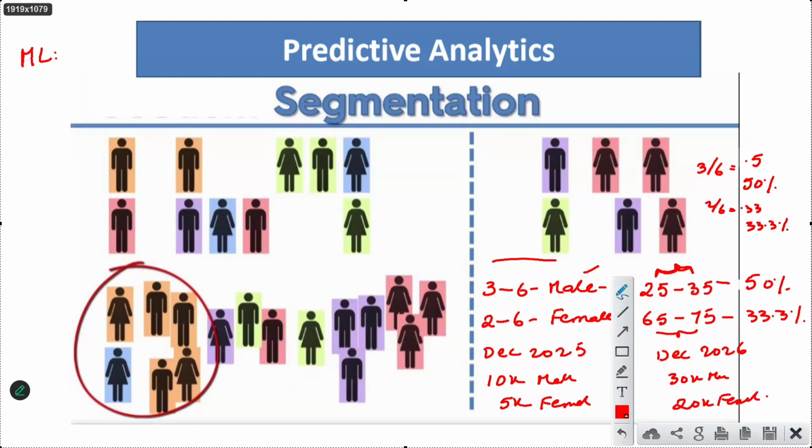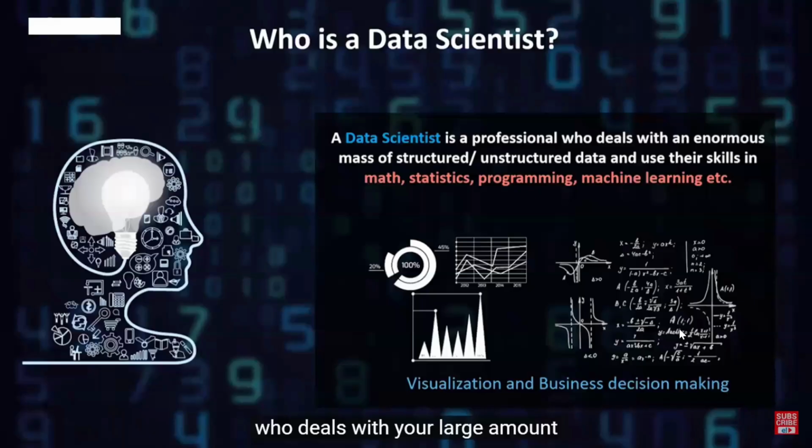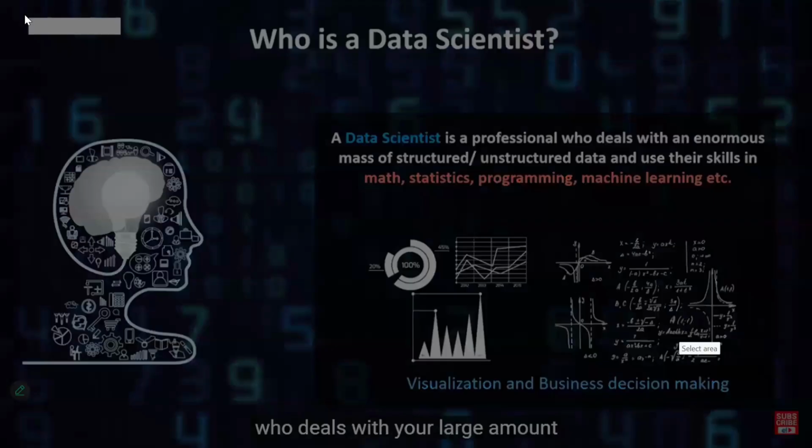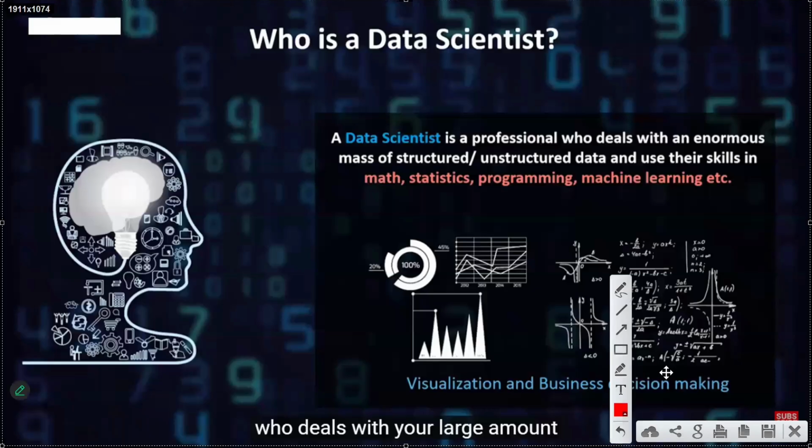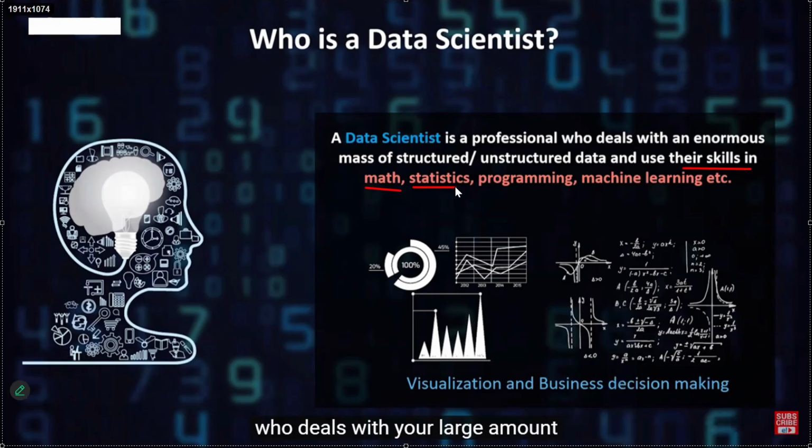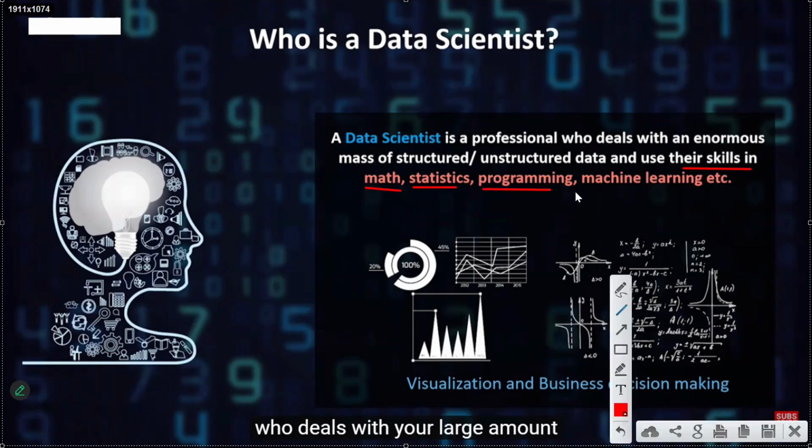So come back to the definition of a data scientist. The second part of the definition says they use their skills in maths, statistics, programming, machine learning, etc. Here, the probabilities were calculated using certain mathematical techniques.